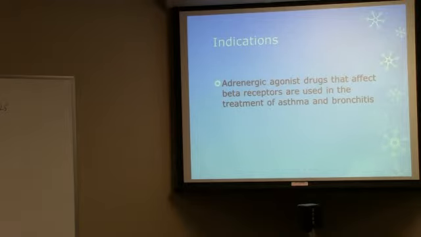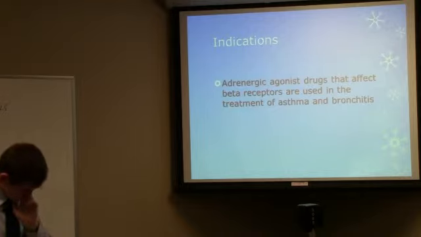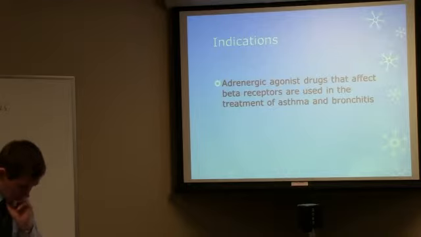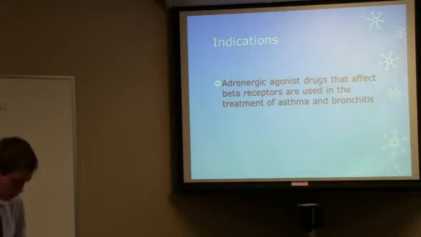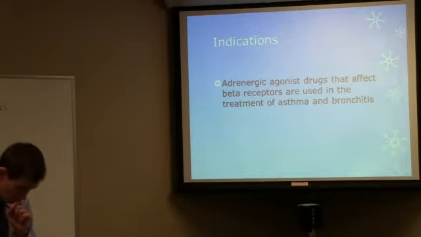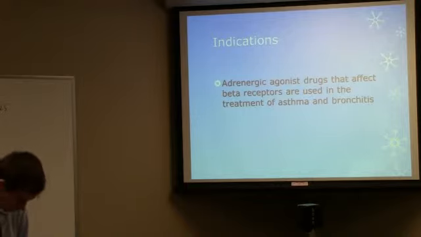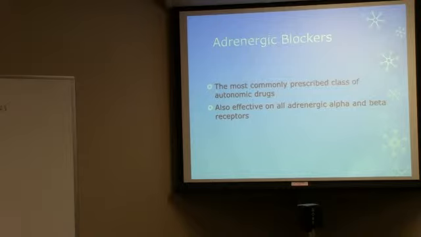So alpha ones are vasoconstrictors and beta twos are dilators. Beta 2 we're going to be looking at also as a bronchial dilator. So think of beta 2 as dilation in the lungs. Okay.